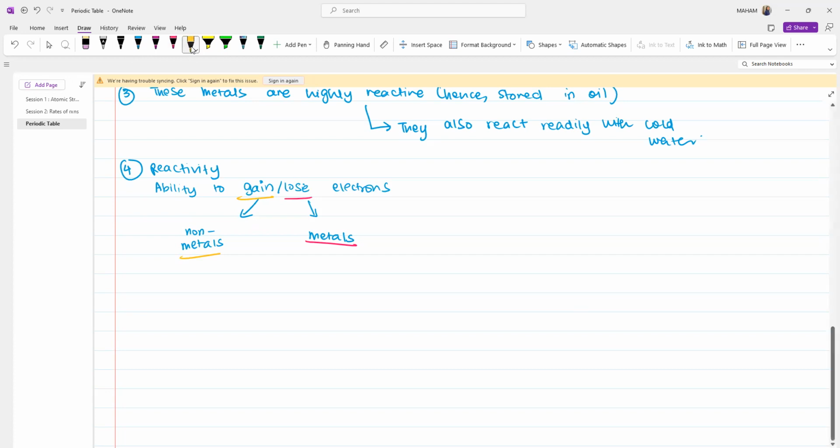But if you see, metals usually have a positive oxidation state, right? When they have a positive oxidation state, that means they are cations, right? And remember what we learned in electrolysis. For example, I have Na plus and Cl minus. So Cl minus, this minus tells you that Cl has extra electrons to give off.